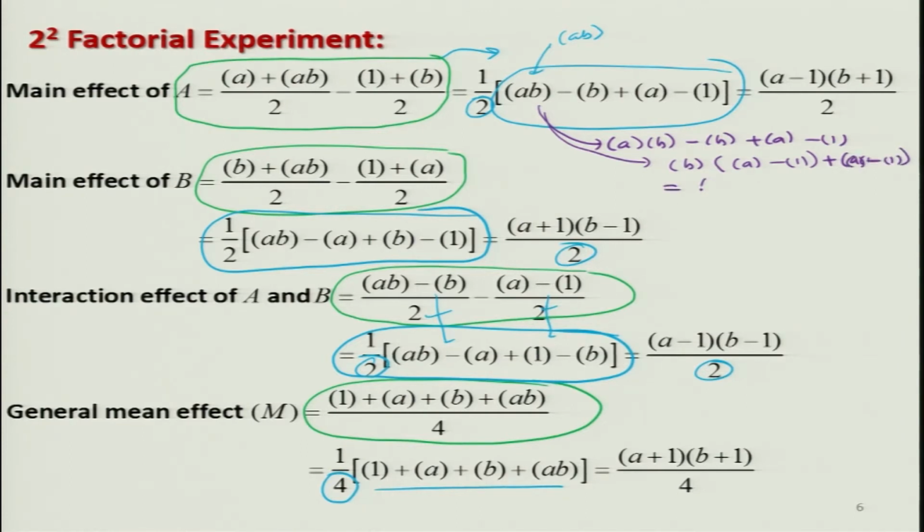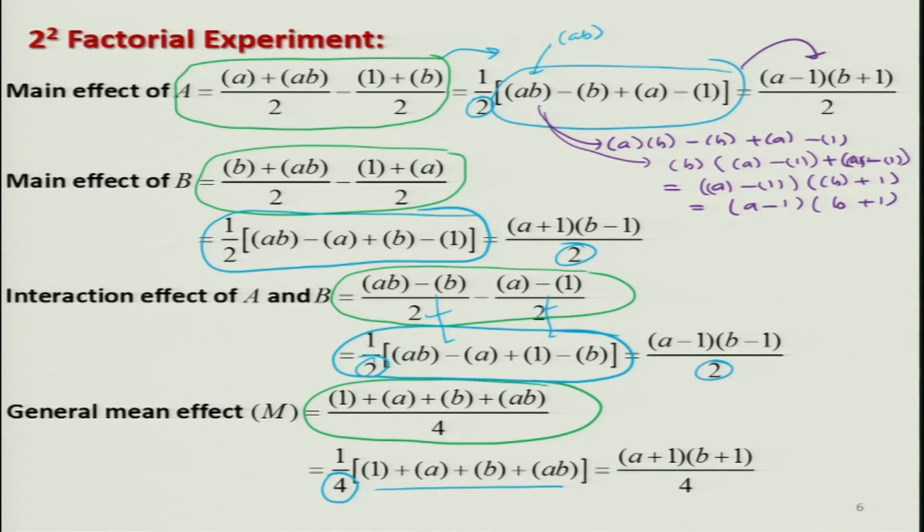And if you take the common a minus 1, you get a minus 1 into b plus 1. So this is what I am writing here: a minus 1 into b plus 1 divided by 2, and I have explained how we have obtained this expression.